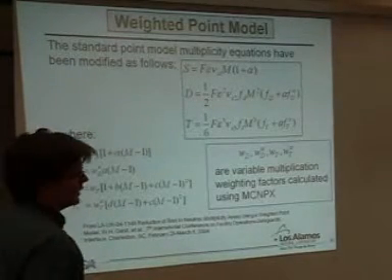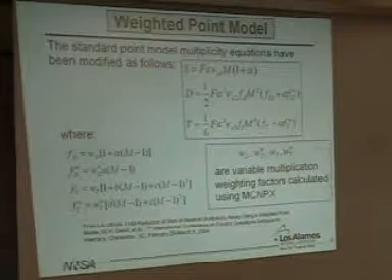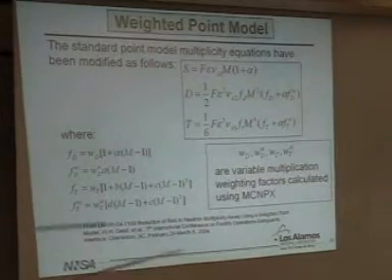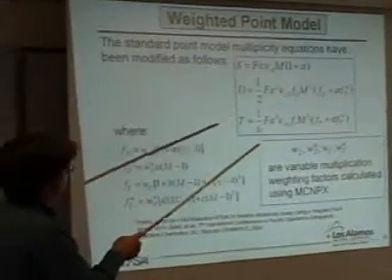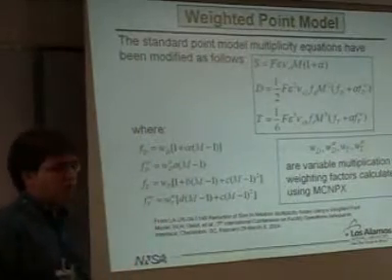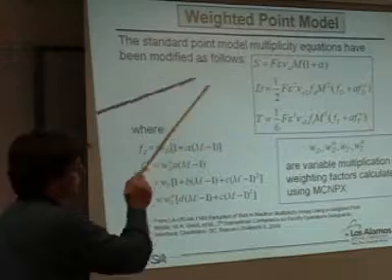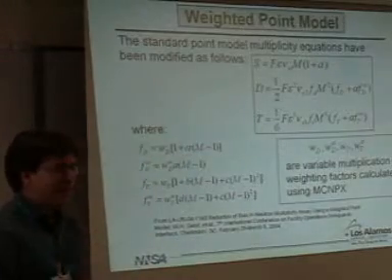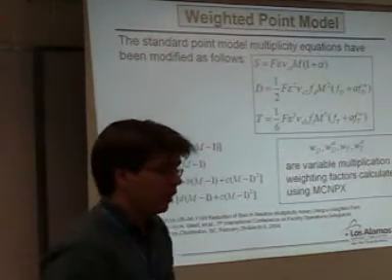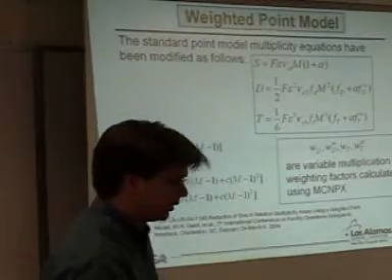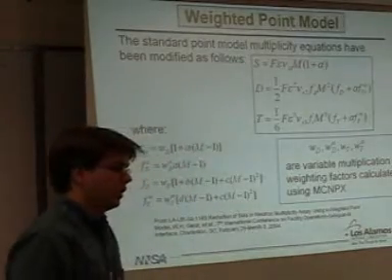Because those effects can be dependent on what you're using to detect it or what samples you have, a weighted point model has been created to try to correct for those multiplication effects, the variable multiplication that occurs. But this is really not fundamental. This is just sort of an ad hoc add-on that Merlin developed, and it works.